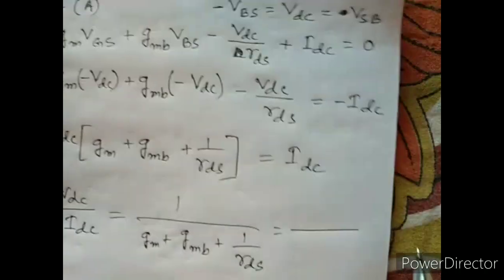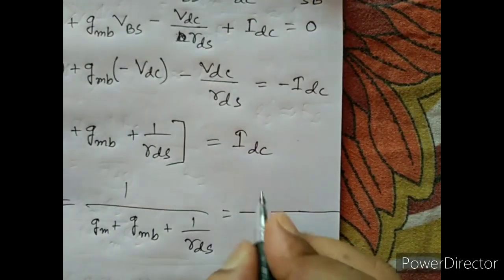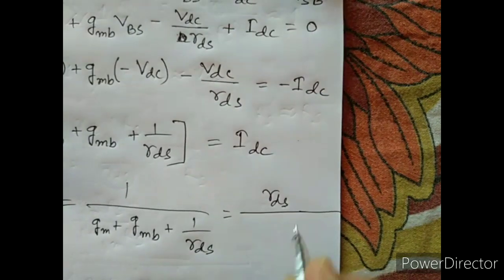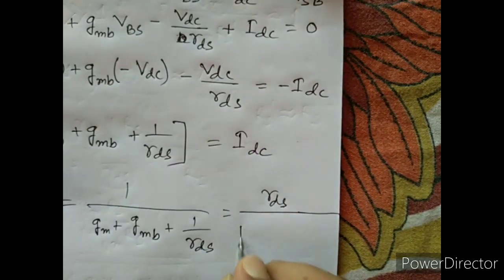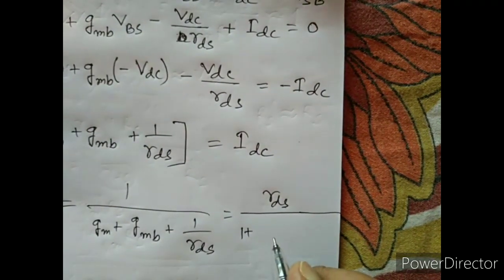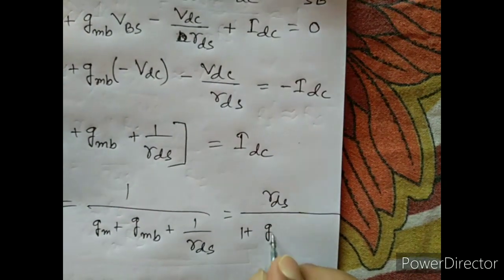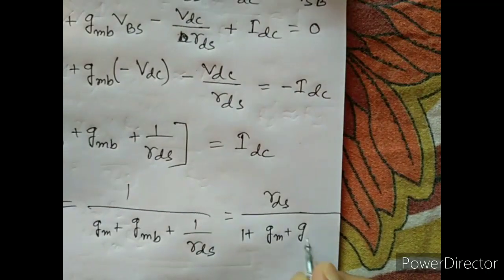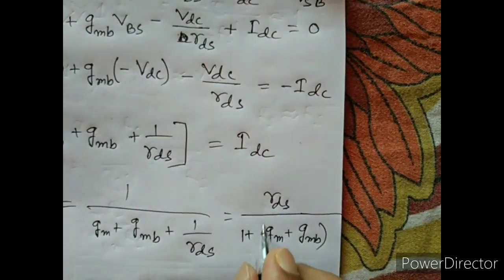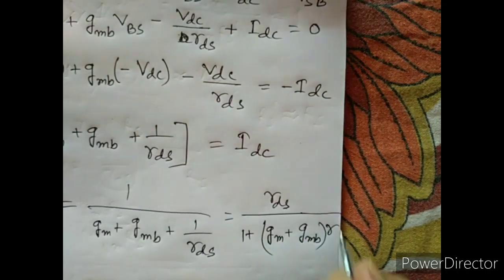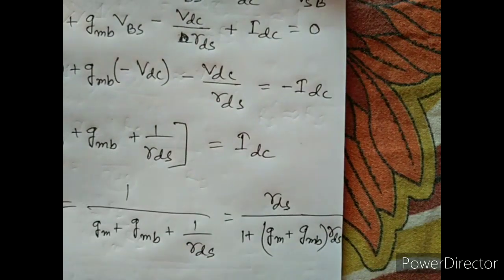Finally we can write that rds by 1 plus gm plus gmb into rds.